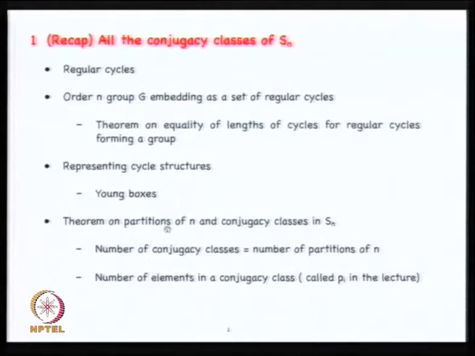And we had a theorem on partitions of the number n. We had seen that the number of conjugacy classes in Sn is equal to the number of possible partitions of the number n, because it amounts to just saying how many cycle structures you can create. Each cycle structure is one conjugacy class, and we had proved that the cycle structure does not change under conjugacy operation.